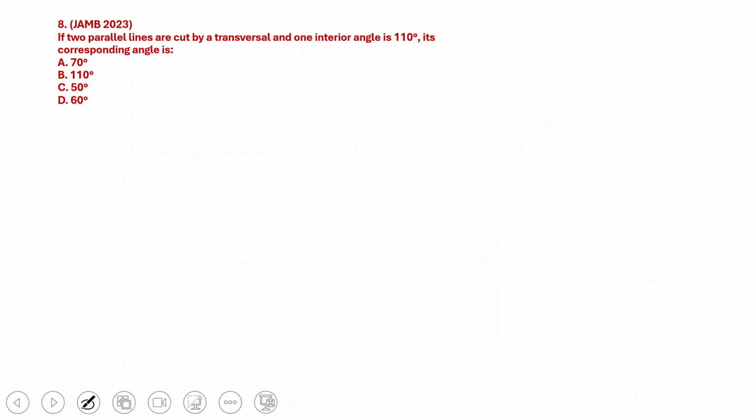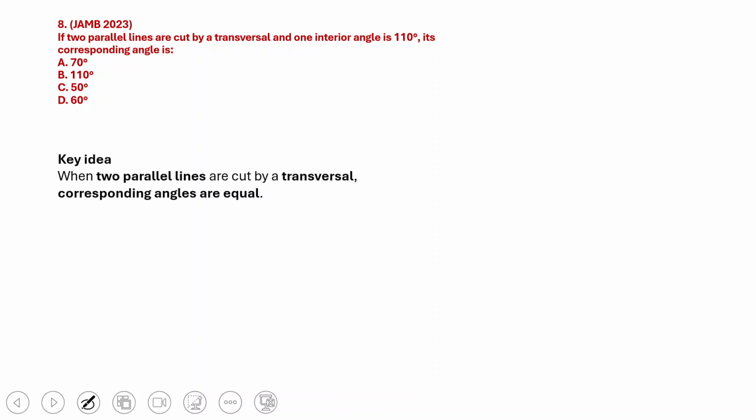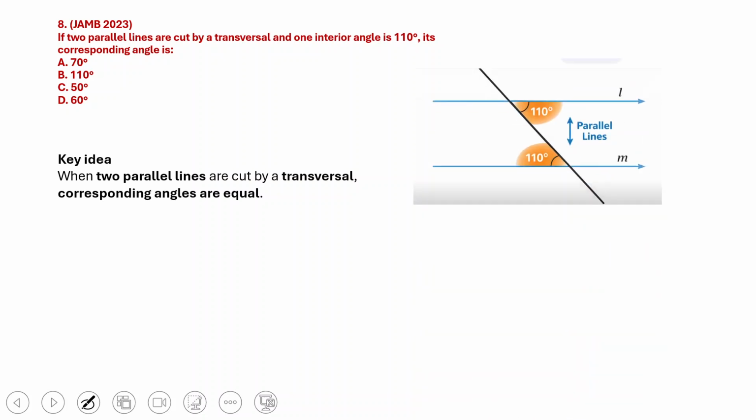Okay, so this JAMB question says if two parallel lines are cut by a transversal and one interior angle is 110, its corresponding angle is. Okay, so the idea here is that when two parallel lines are cut by a transversal, corresponding angles are equal. I will show you how. So these are the parallel lines, this line and this line, and this is the transversal. By the time you have a transversal like this, one angle here is 110, and this one is also 110.